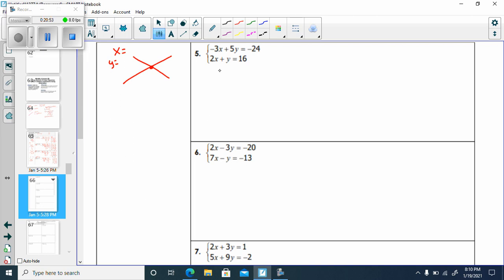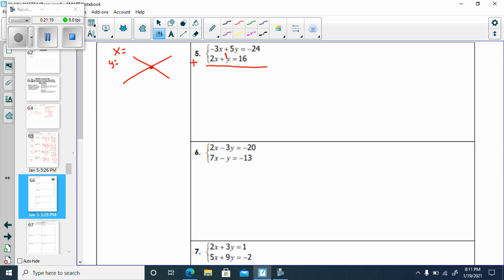I'm going to have to eliminate one of the variables. Remember, that means you're going to be adding these two equations. I'll look at the coefficients and I see which one can I eliminate. What can I multiply one of these whole equations by to eliminate one of the variables? I have a negative 3 and a 2. I can't multiply the negative 3 by anything to get 2, nor the 2 by anything to get negative 3.